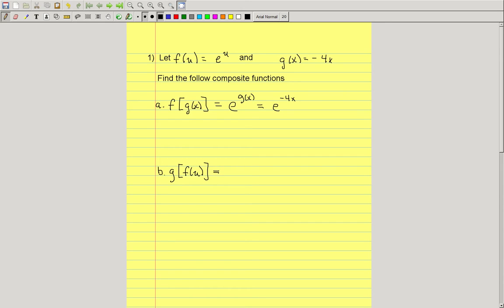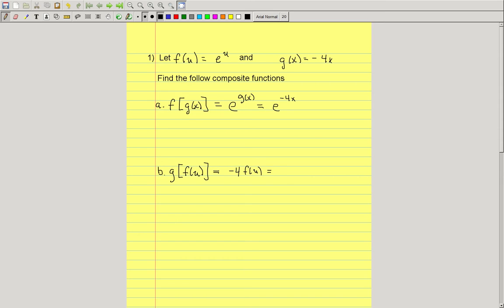Next up, we're going to do the composition in the other direction, where we take g of f of u. So we write down our function g, and then we are going to replace its variable x with f of u.